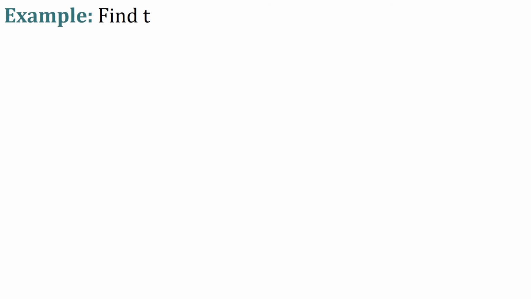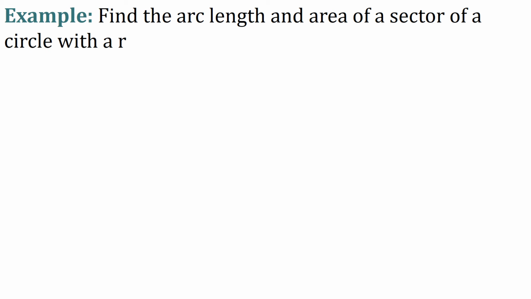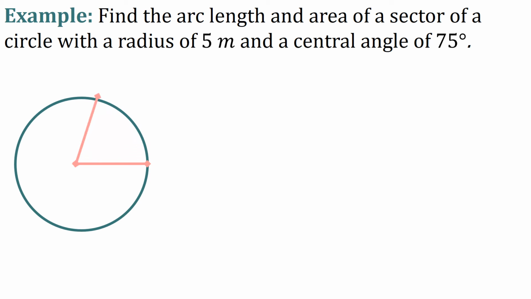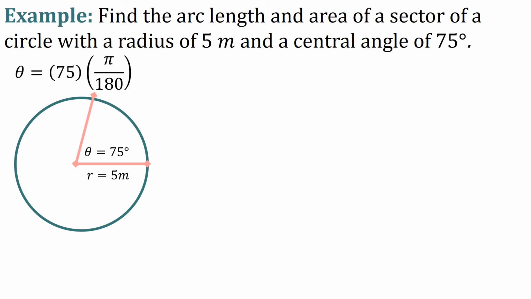Okay, so now we have an example, and we're going to find the arc length and the area of the sector of a circle. The circle has a radius of 5 meters and a central angle of 75 degrees. So here's our circle. It makes an angle of 75 degrees, and it has a radius of 5 meters. Now, we can't have degrees.